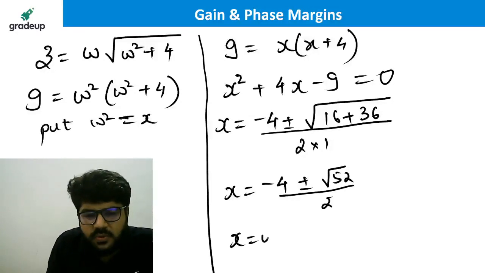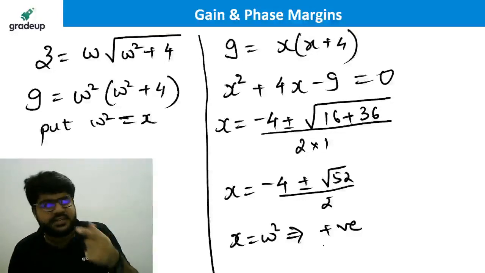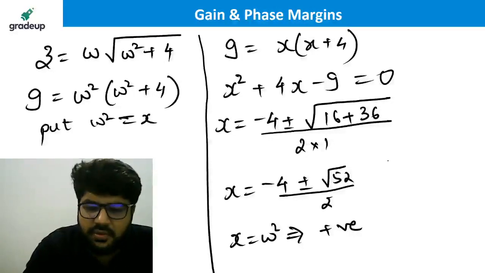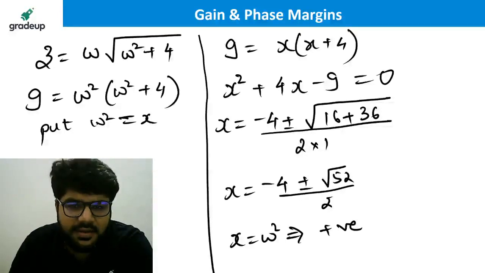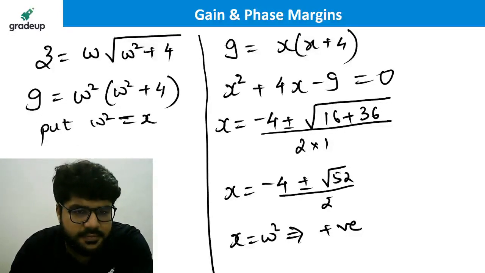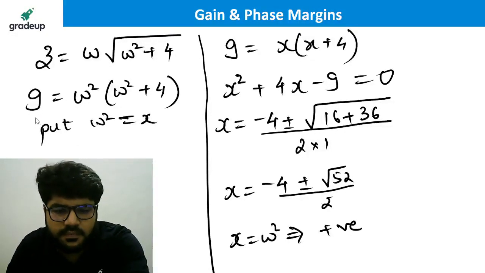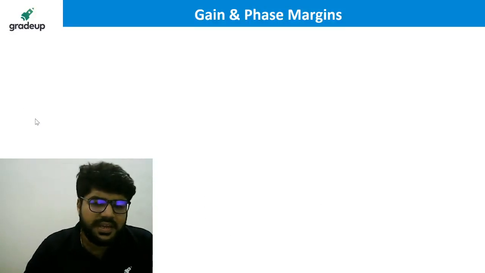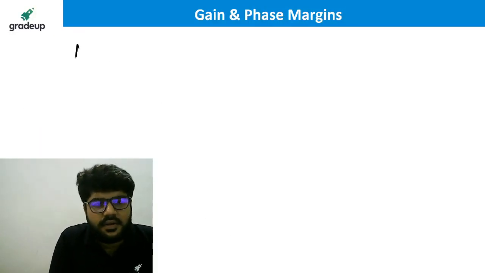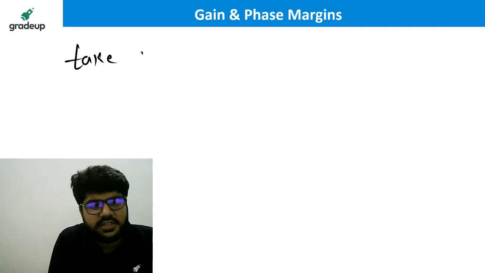But x is ω² and it should be positive. Square should be positive, otherwise you will get a non-real frequency. So what is the ω² that I can take? Only one of the solutions is required.